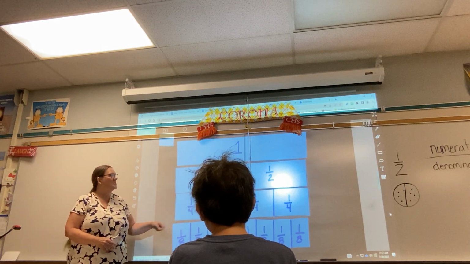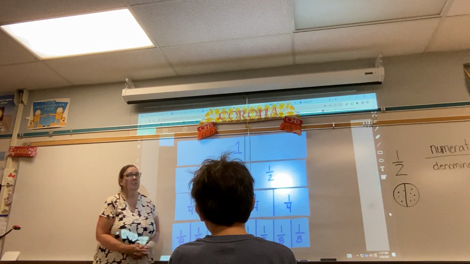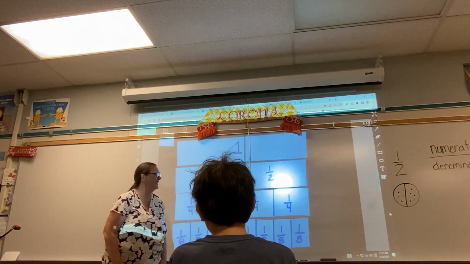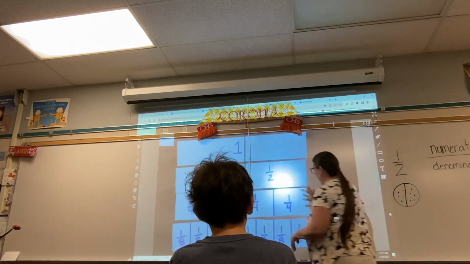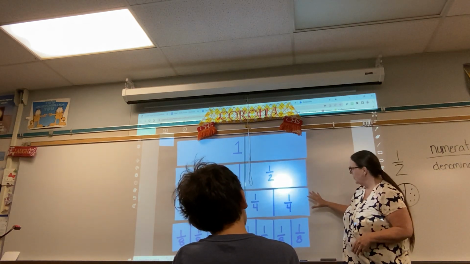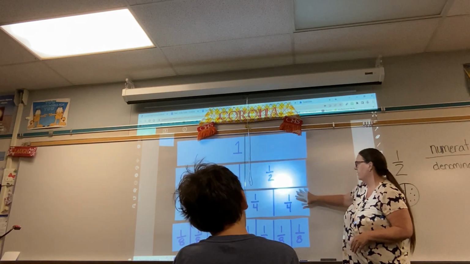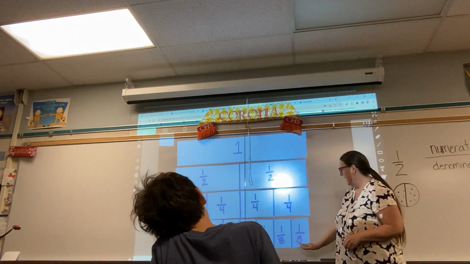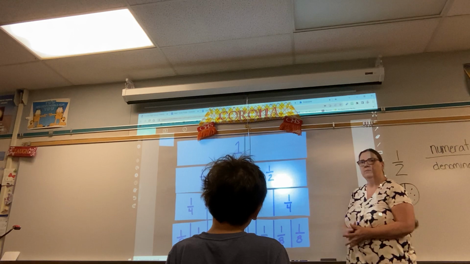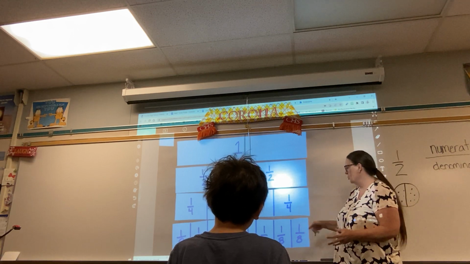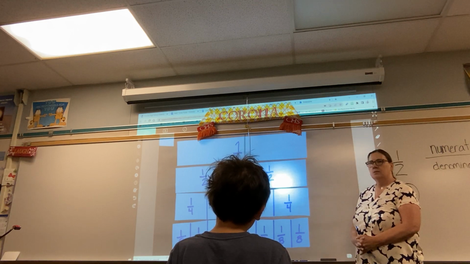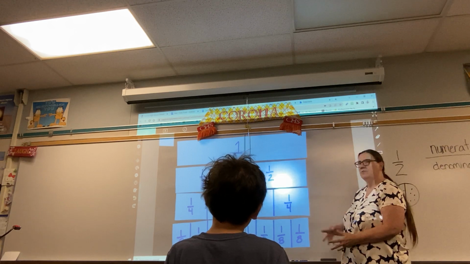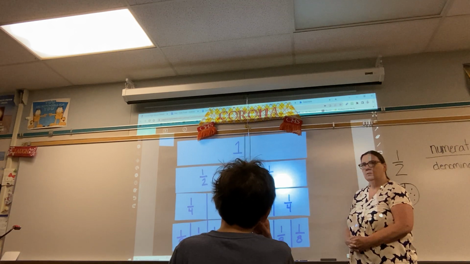Right? So here's a little hint at what we're going to be doing tomorrow. Notice how if we have 1/4, how do we get an 1/8 to equal the same as 1/4? What would have to be the numerator over the 1/8 to equal the same as a 1/4? Julie?